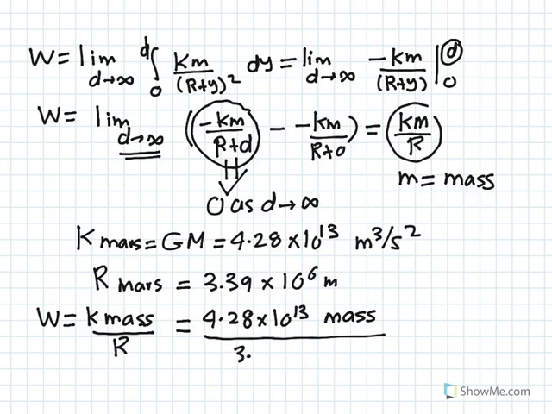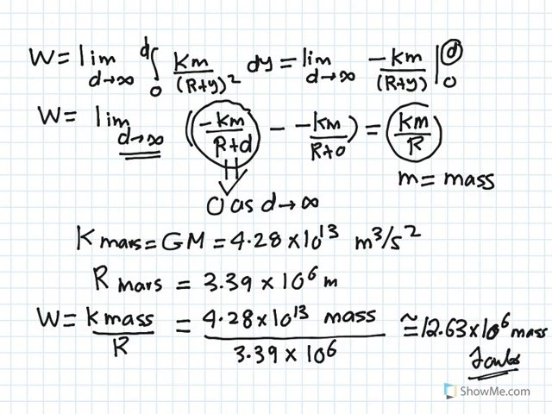So 3.39, that's the radius of Mars, times 10 to the 6. So the work done to lift this satellite into outer space is 12.63 times 10 to the 6 times the mass, and of course the unit is joules.